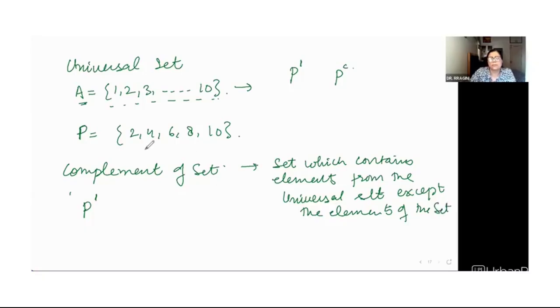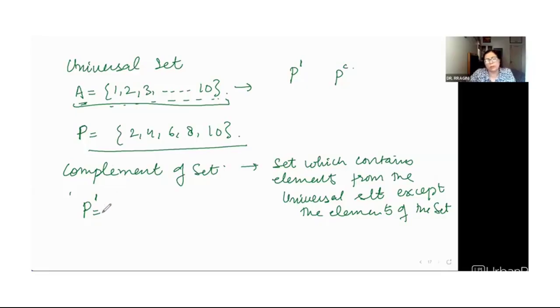That means if P is a set 2, 4, 6, 8, 10, like we just did in A minus B, we have to do universal set minus P. The elements which are there in universal set. This is the same as A minus B or B minus A. The only thing is this is the parent set. Universal set is the bigger set in which P is fully contained.